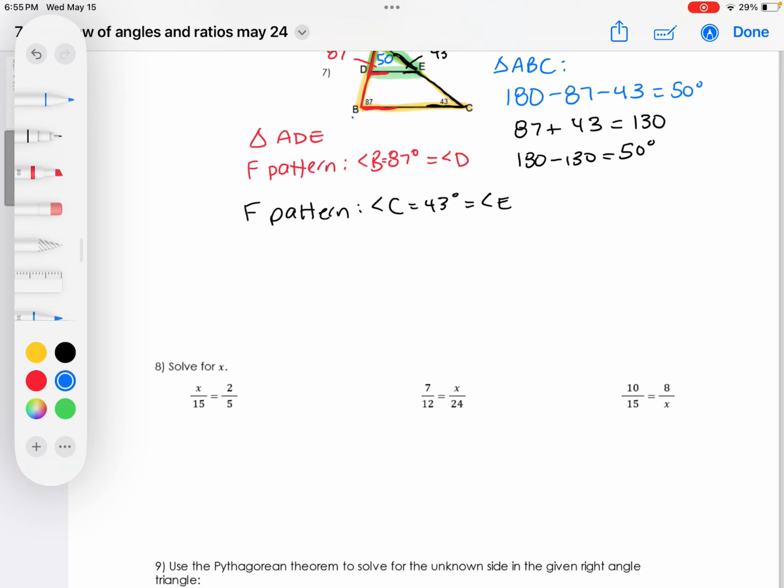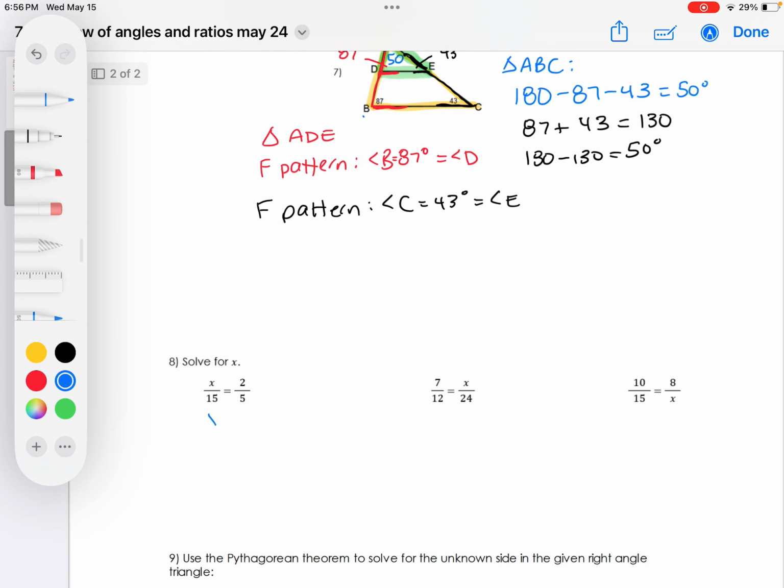So my brain likes to check for that first. So I want to simplify a ratio like this as much as I can. I don't know what x is, so I can't do anything with that. But on the right hand side, 2 divided by 5 is 0.4. And now I don't have an ugly fraction, I don't have a repeating decimal, and so I can keep going and use inverse operations to isolate x.